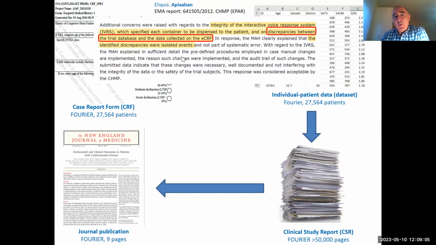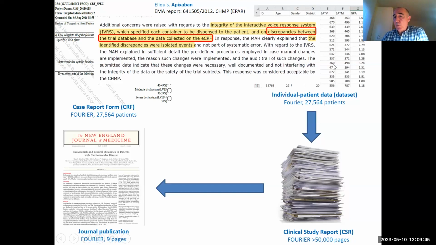In this case, this is a report by the EMA, the European Medicines Agency, on a drug called apixaban, an anticoagulant. And the reviewer raises concerns about discrepancies between the trial database and the data collected on the electronic case report form. So this may happen. There's evidence that this is happening, but we couldn't tell to what extent this is a matter of concern or not.